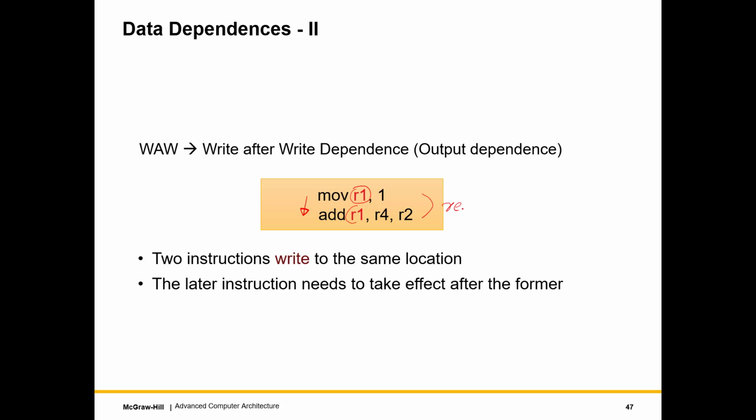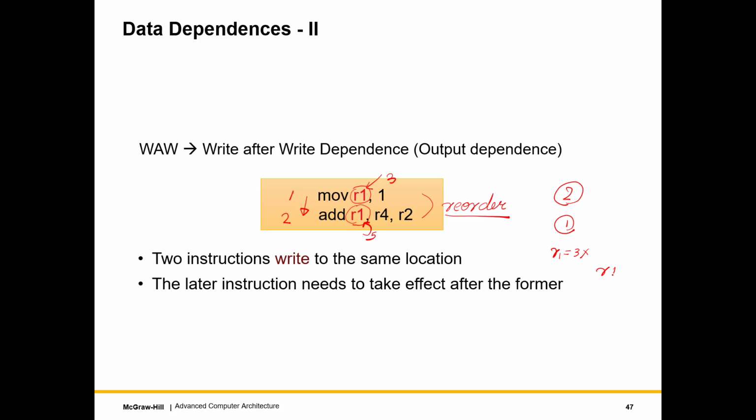Let us say this is writing 3 to R1 and the next instruction is writing 5, and the first is instruction 1, then 2. If we execute instruction 2 first and then instruction 1, then the final value of R1 will be equal to 3, which of course is wrong.